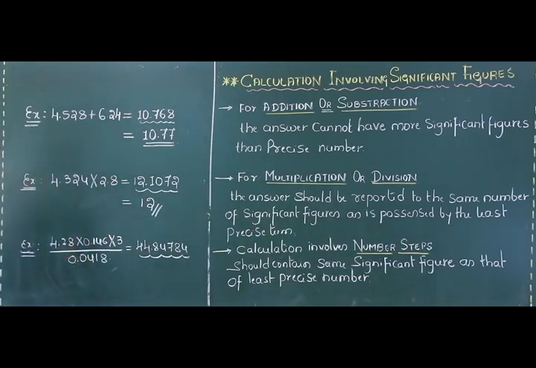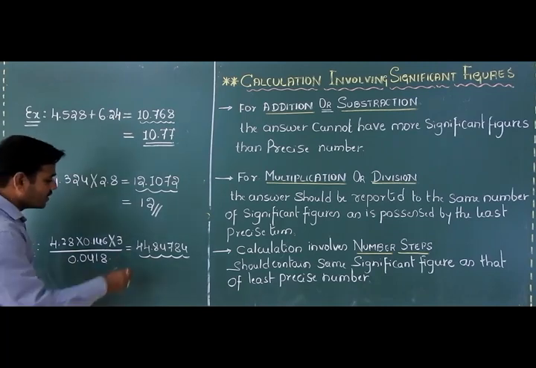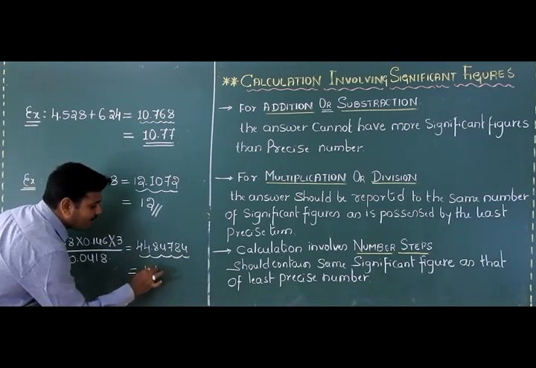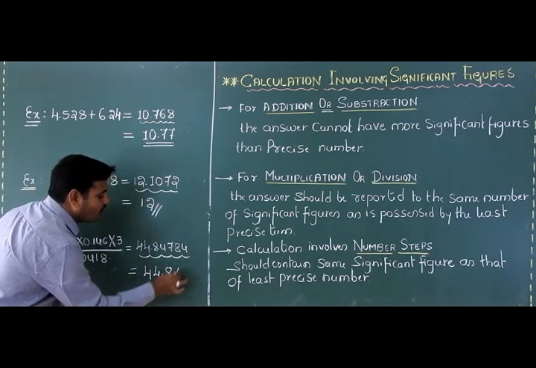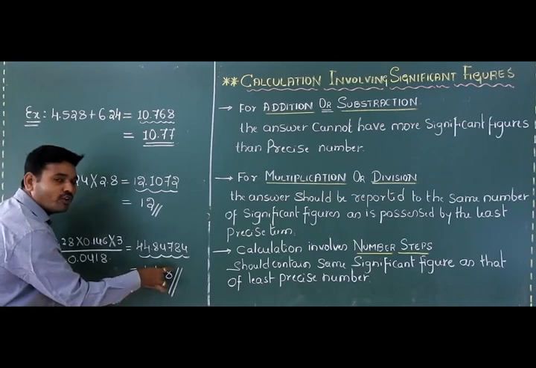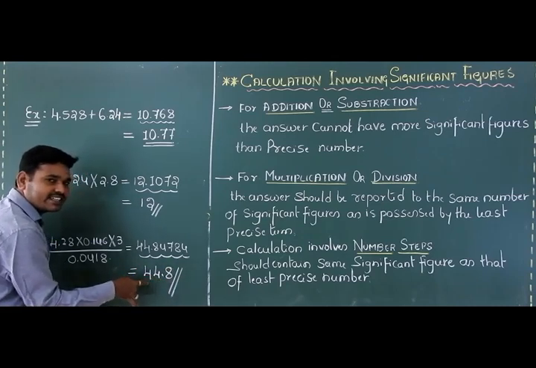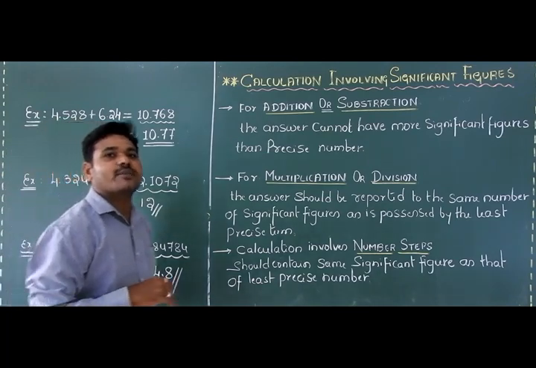And in this case, the least precise number is 3, which means 3 significant figures. The answer should be in the form of 3 significant figures only. So instead of writing this actual answer, let us represent this number in the form of 44.8. Tell me students, how many significant figures are present? So 3 significant figures are present here.